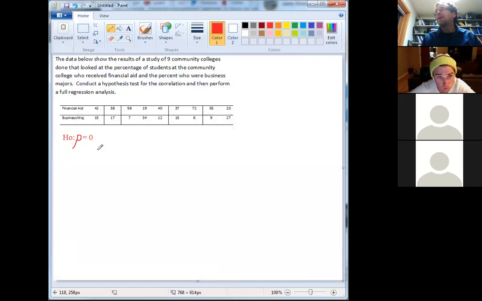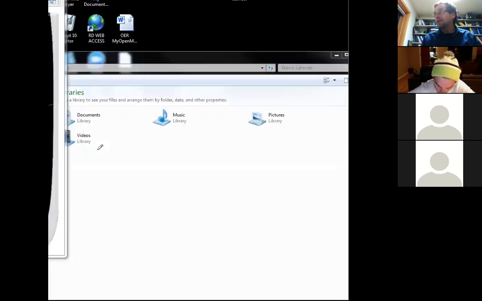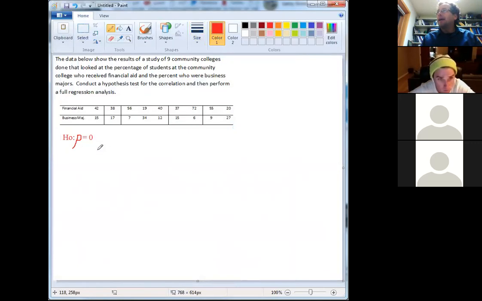It's actually a Greek letter, and it's the Greek letter rho. Okay, and not coincidentally, rho is kind of the Greek equivalent of R. So what this says is that R is the sample correlation, rho is the population correlation. Remember that hypotheses are always about the population, never about the sample.